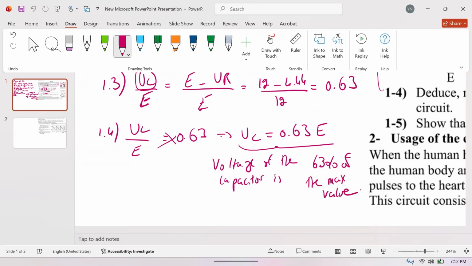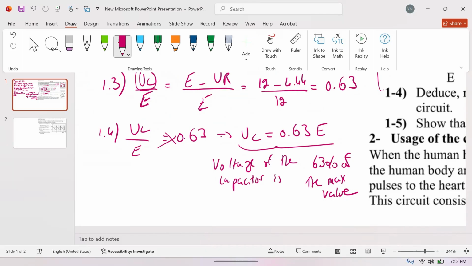And this is not just any expression, it's the expression that specifically happens at the time t equals tau. You cannot have 63% unless the time is tau. You don't have any other option.